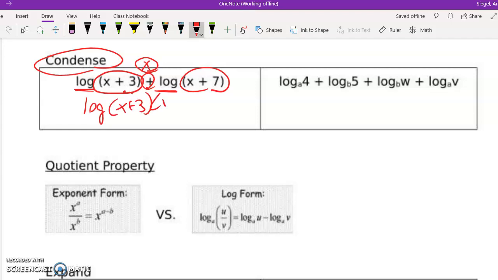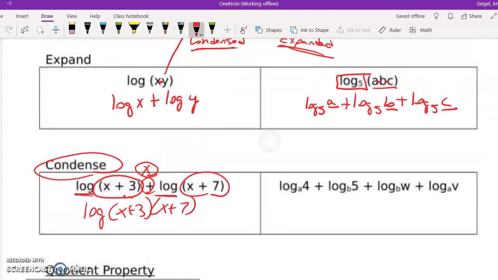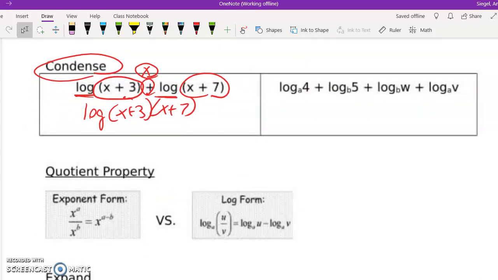So I'm literally going backwards from what we did up here. And then if I want to make it even nicer, I'm going to go ahead and FOIL that so that it looks like that.